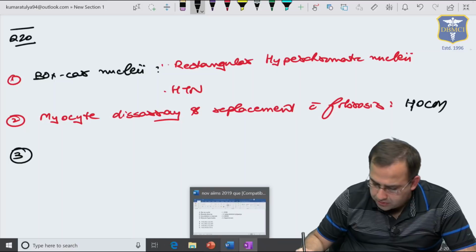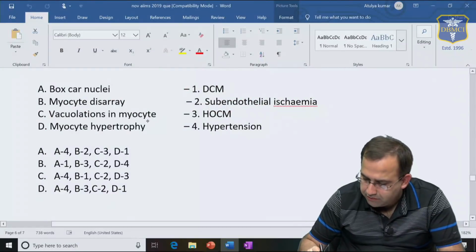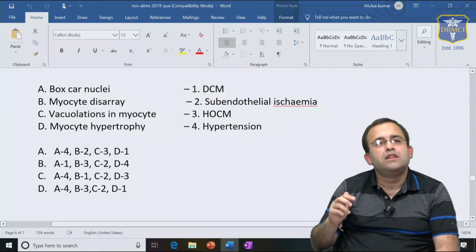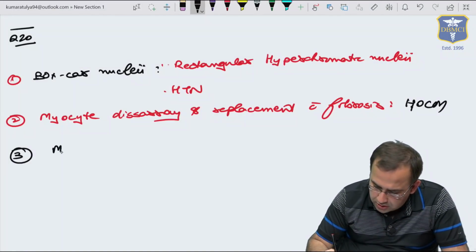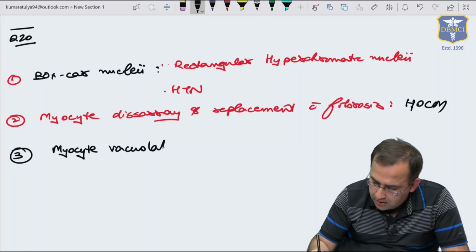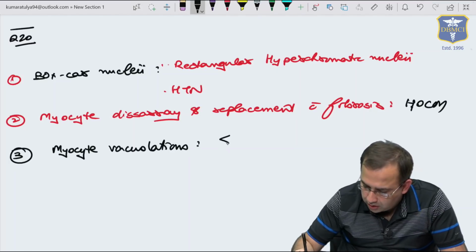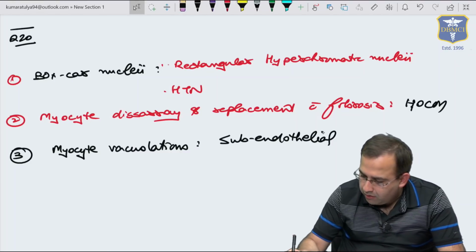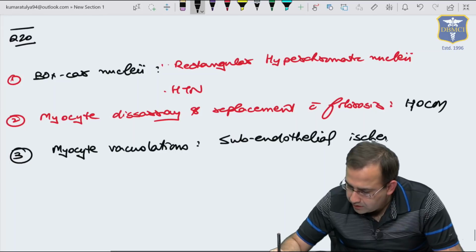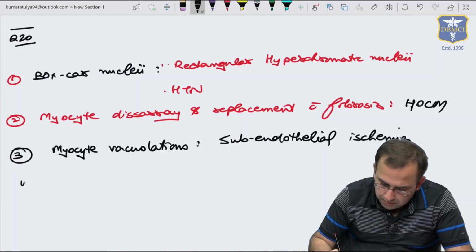The next option is vacuolations in myocytes, which is a feature of subendothelial ischemia.